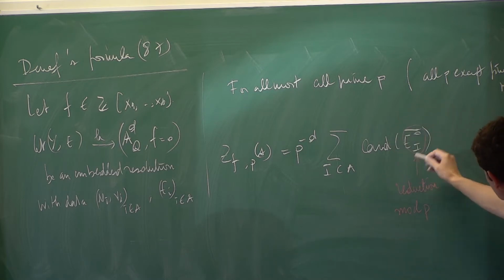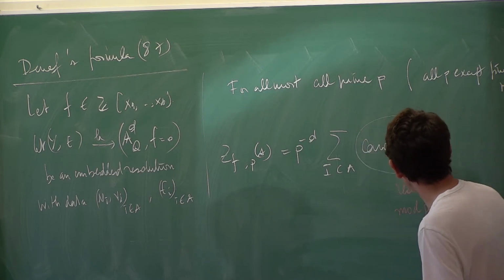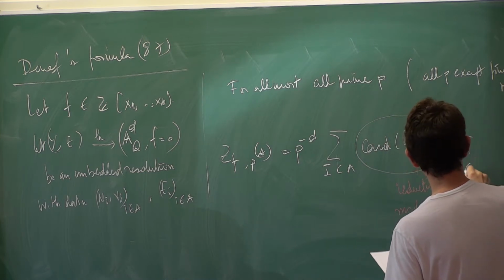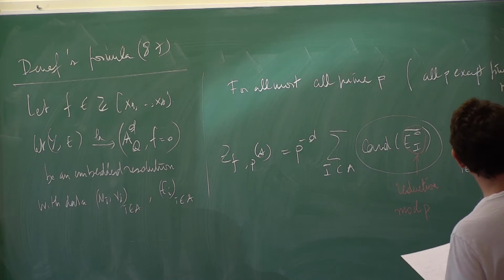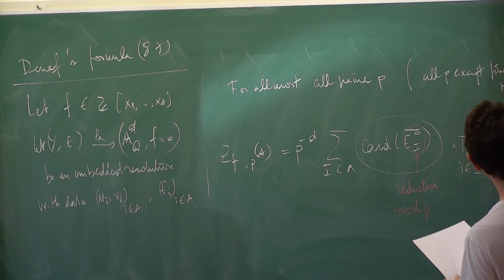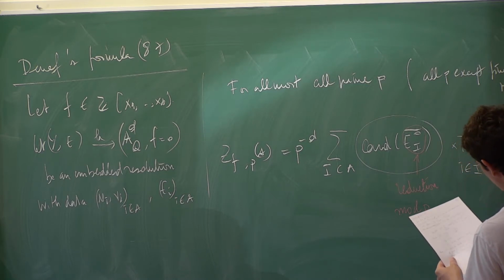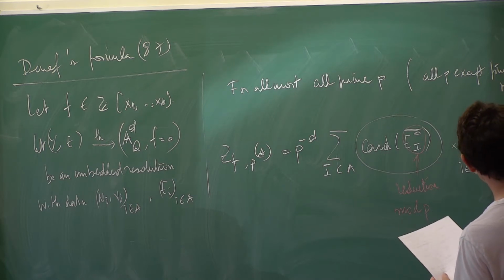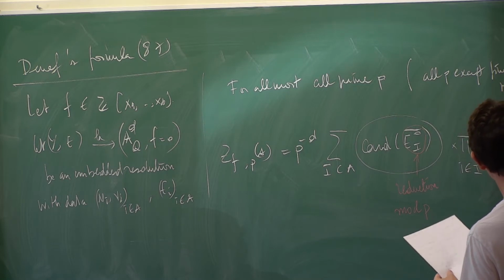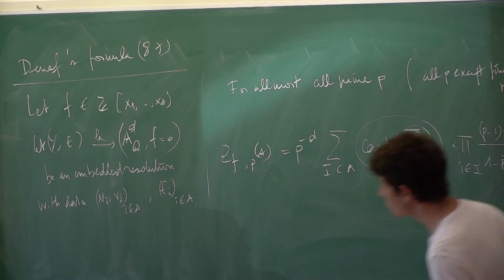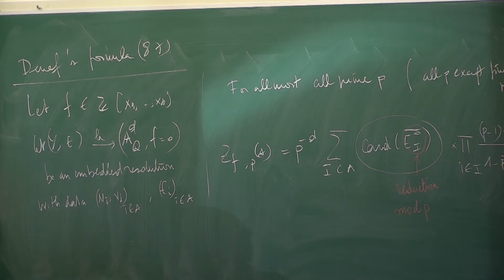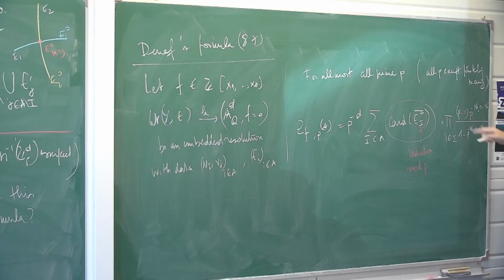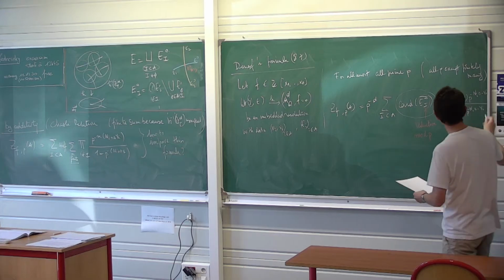So you have this cardinality, and times a product for i in I of (p minus 1), and you have p^{-N_i s - ν_i} divided by 1 minus p^{-N_i s}. So you recover the powers which were here, and you have a multiplication by p minus 1.